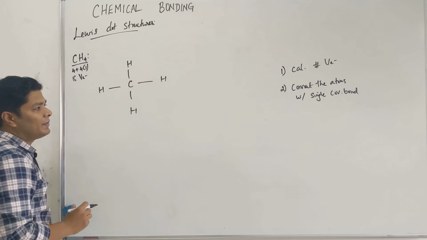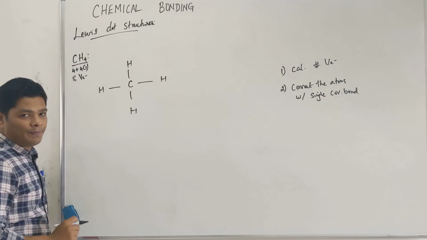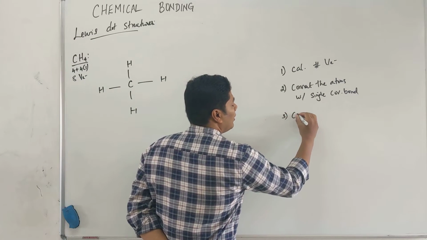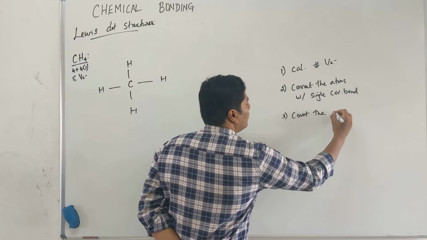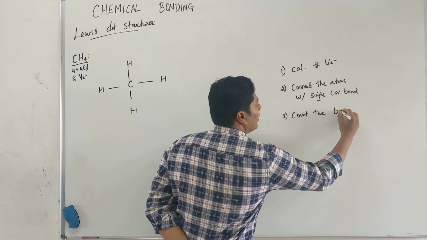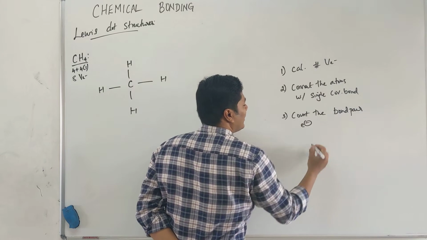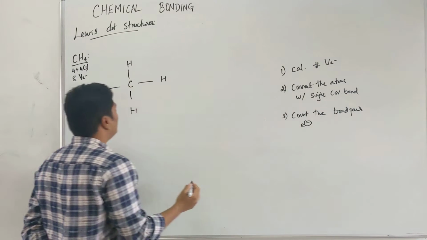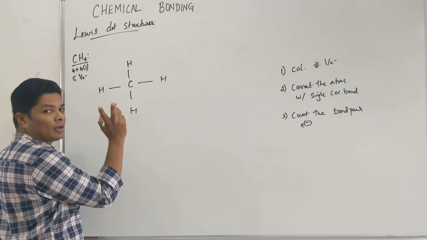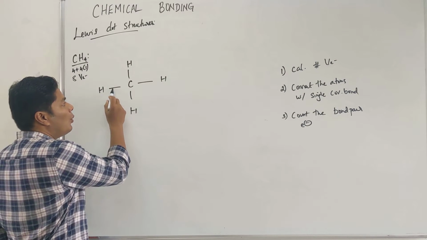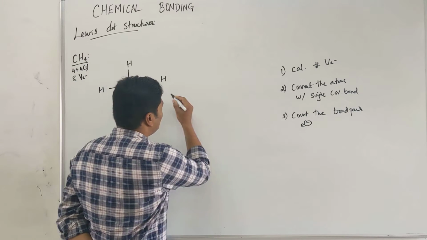Okay, so I have done this. Now each bond is 2 electrons. The next step is count the bond pair electrons. Okay, in our case each bond is 2 electrons, a bond pair, 2 electrons form a bond, 1 2 3 4, so that is 8 electrons in this case.